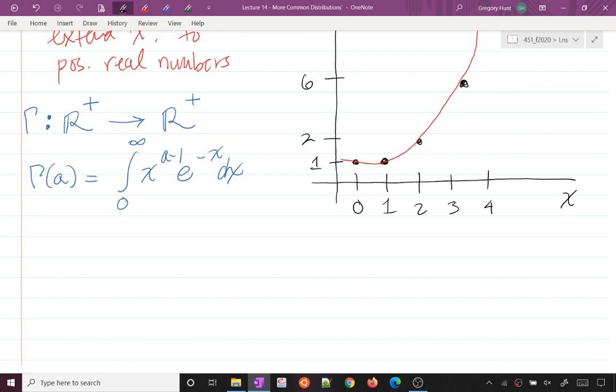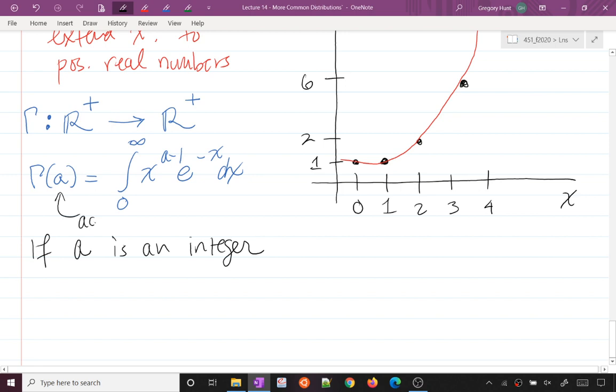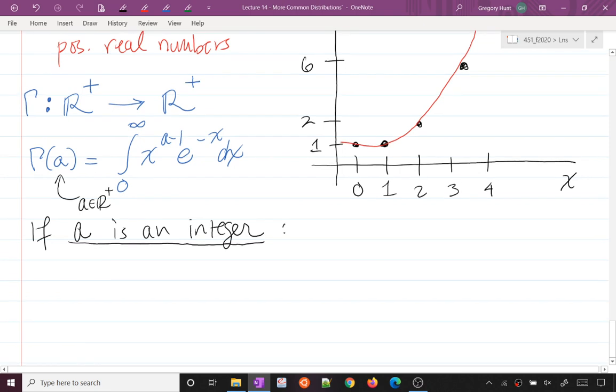The important fact to know is that if a is an integer, we have a special case. In this definition, a can be any positive real number, and this integral is well defined. However, if a is an integer, gamma of a, well, we'd like it to be a factorial, but it's not quite.